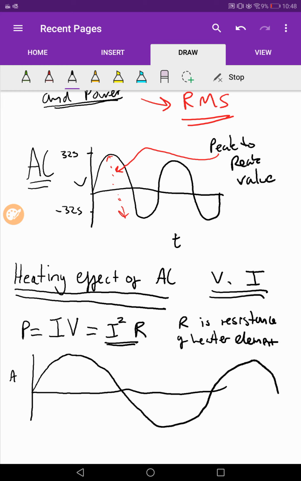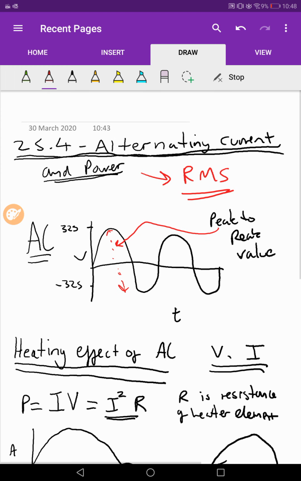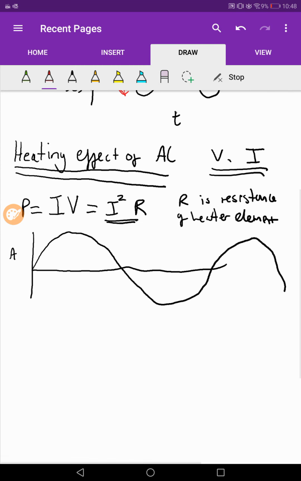Obviously, we know that in the UK it goes at 50 hertz, right? So really, I should have put 325 and then 50 hertz right up here. That's what it is in the UK, but for the purpose of this demonstration, imagine that it's really, really slow. I don't know, maybe once every 2 seconds. So what's that? 0.5 hertz.